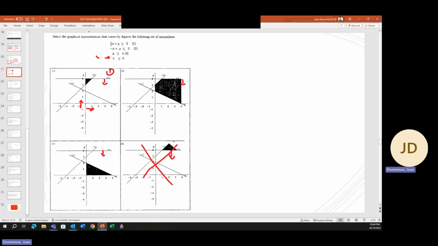Okay, so let's now see if we can work with one of the others. So I'm going to work with formula 2 now. So minus x plus y is smaller or equal to 3. So that is y is smaller or equal to 3 plus x. Okay, so they told us that is line 2.